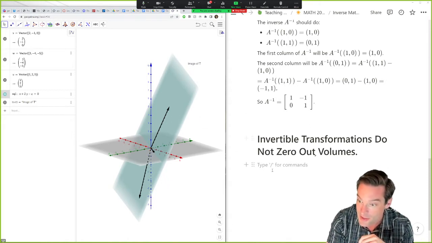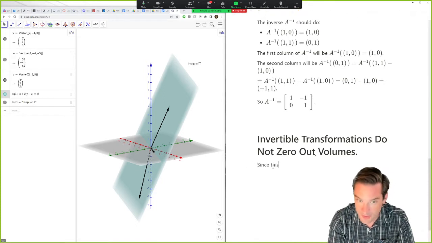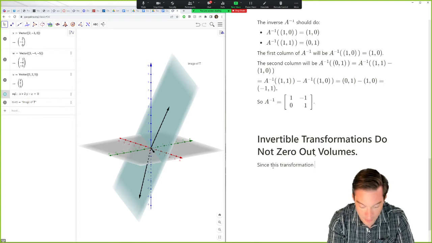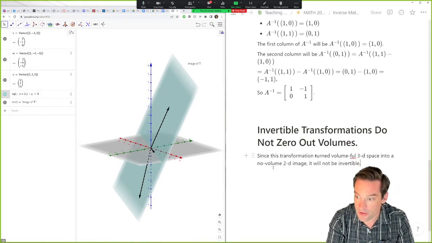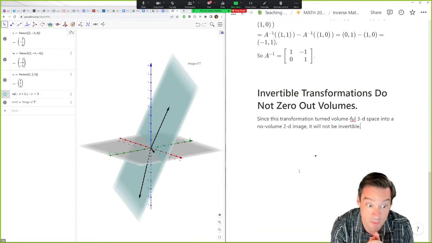So since this linear transformation turned a volume full, if you like, 3D space into a no volume 2-dimensional image, it will not be invertible. Once we squish that dimension away, there is no getting it back, is another way to think about what's going on here, right?